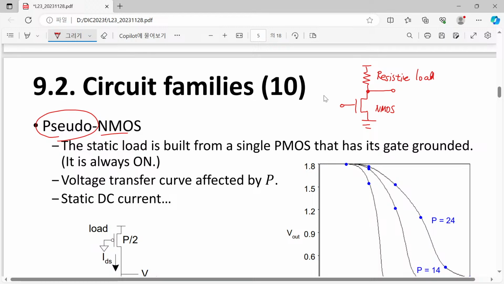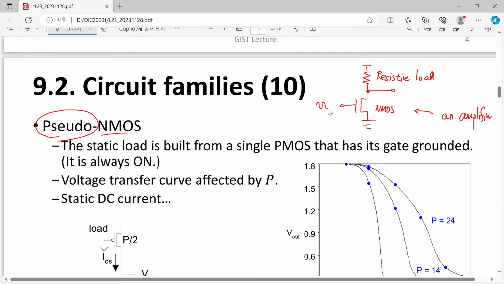With this MOS device, we have learned that this circuit can work as an amplifier. If you change the input voltage a little bit, then that is amplified.